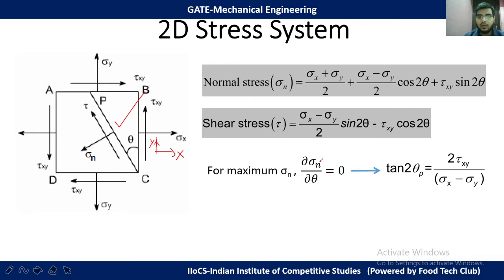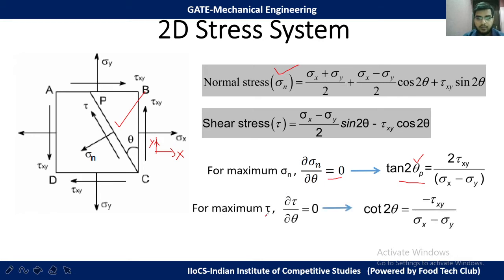When we apply this formula, first we take the derivative of this sigma n and equate it with 0, then we get this relationship. With this relationship we can find theta p, which provides us the angle at which the maximum normal stress will act.